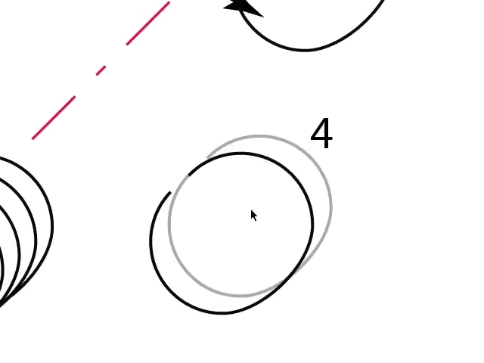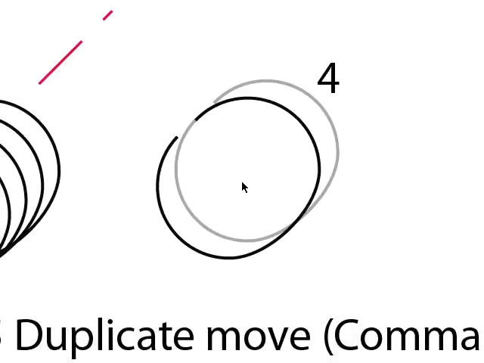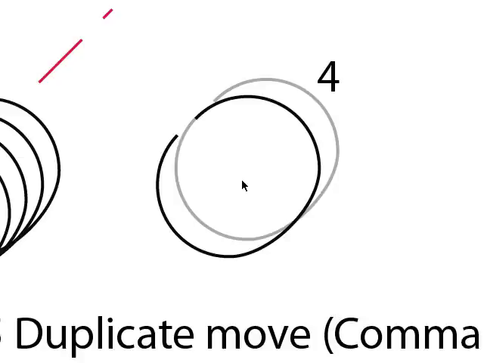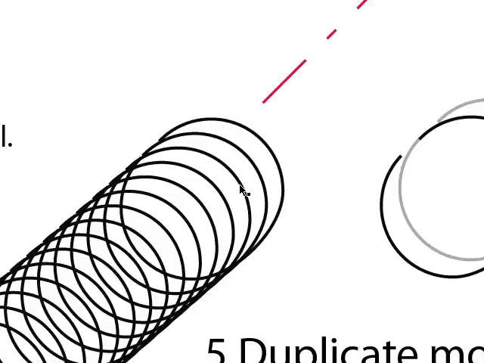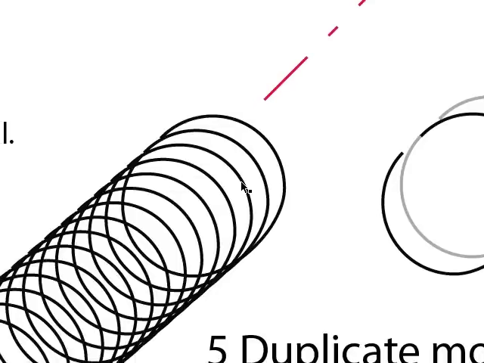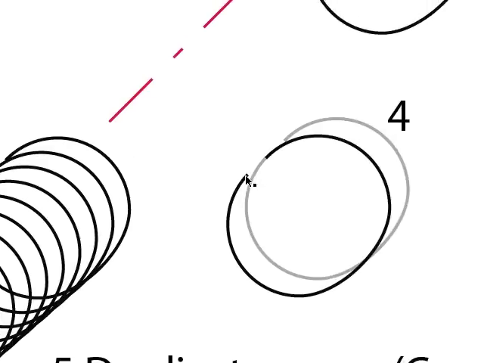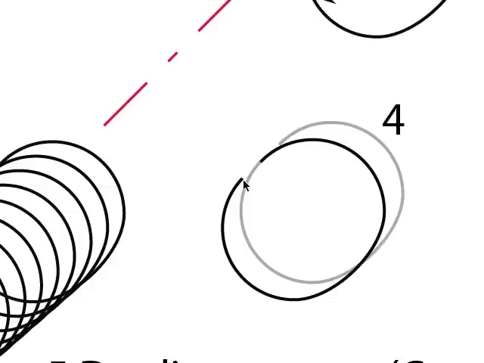The next thing you'll do is a Command D with your finger on the keyboard, and that will make your third circle, and it should line up exactly with this point.